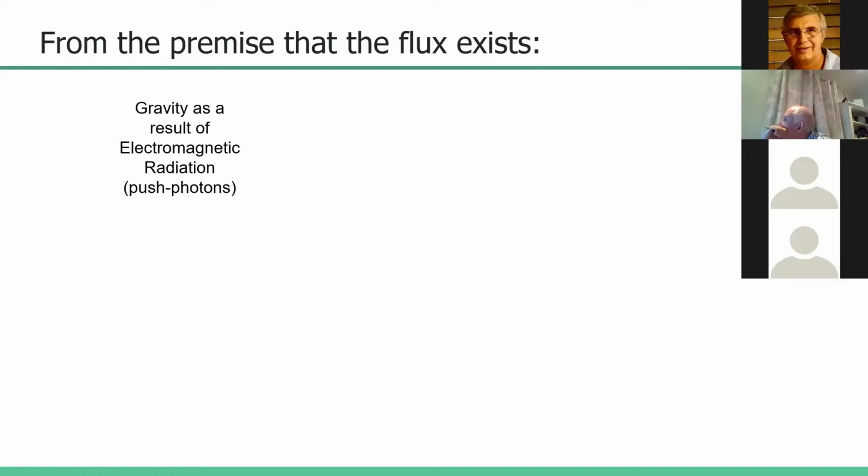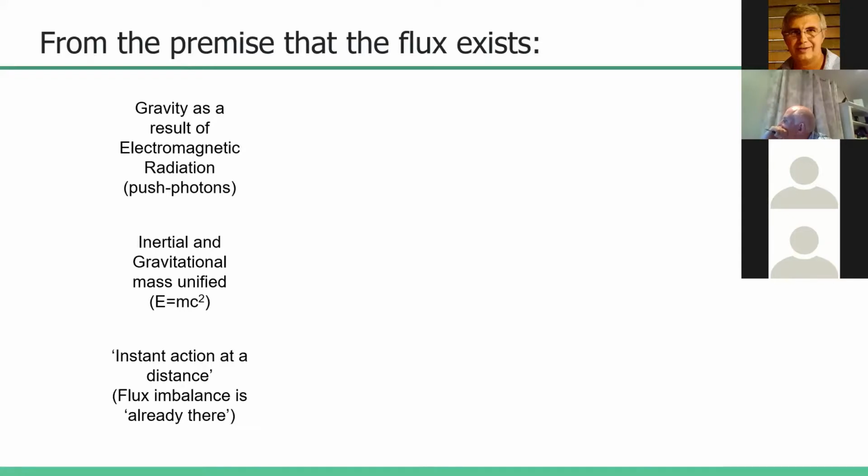There's also another introductory video along similar lines of this one with low mathematical content. We have shown that inertial and gravitational mass is unified. This is because effectively in the flux, mass is defined by your movement in the flux. We have shown Newton's instant action at a distance.